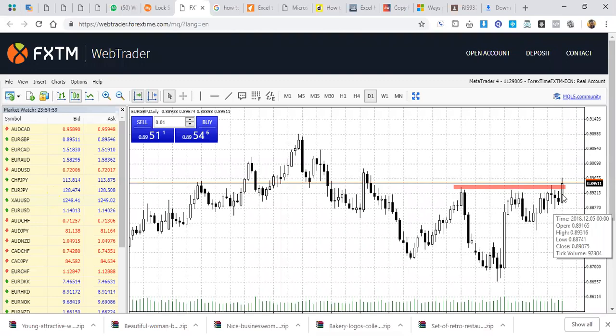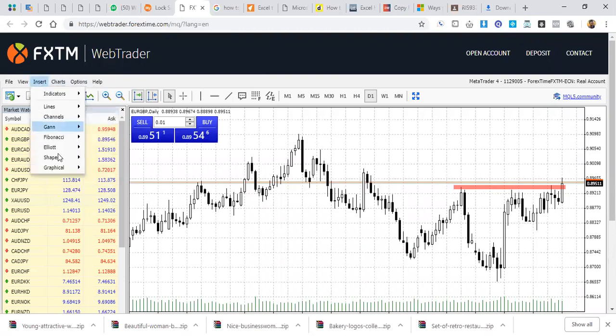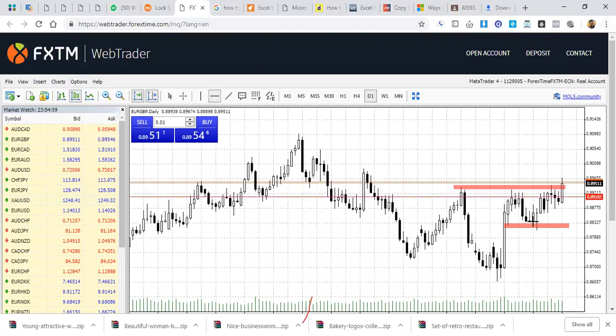So in this week, from Monday to Friday, we have been only going from this level to this level, and this level to this level. But one thing you have to notice is that we are forming some sort of trend line.